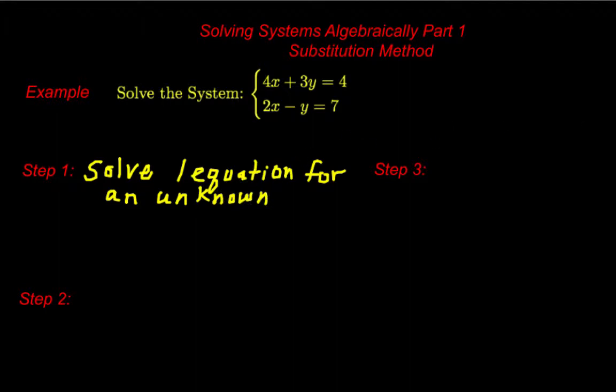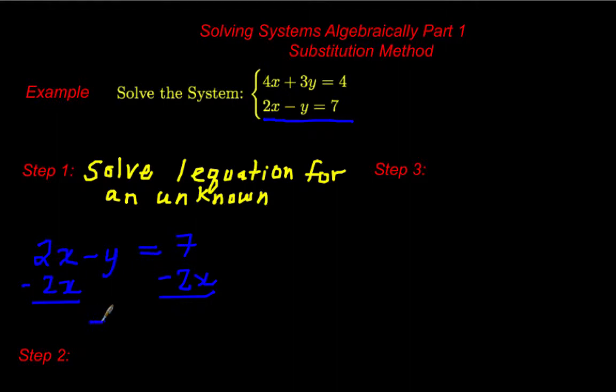I'm going to pick this one here, and I'm going to solve for y, because it's going to be much easier to handle. So my equation is 2x minus y equals 7. I can subtract 2x from both sides, and I get negative y equals negative 2x plus 7.